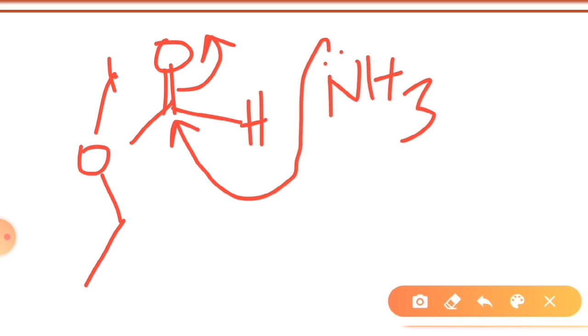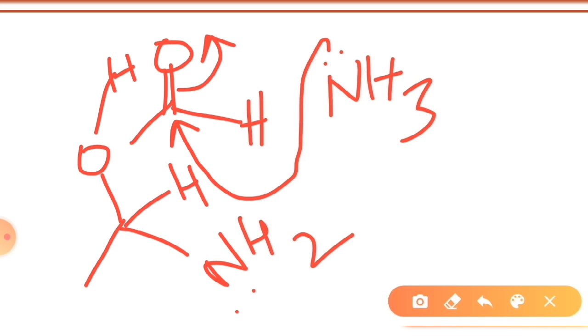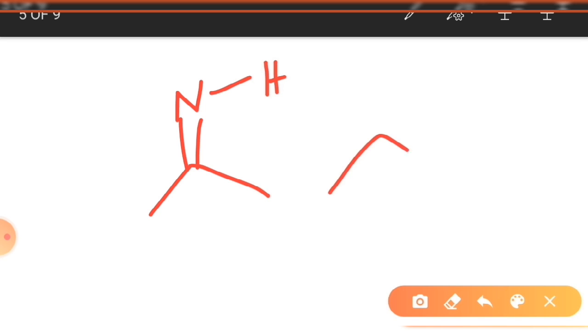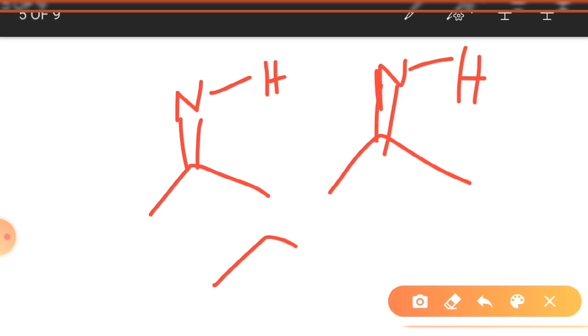Then here OH, NH2 and hydrogen are present. Then water will be released and that imine compound forms. After forming that imine compound, it will react with another imine molecule. Actually it will react with three imine molecules and the final compound forms.